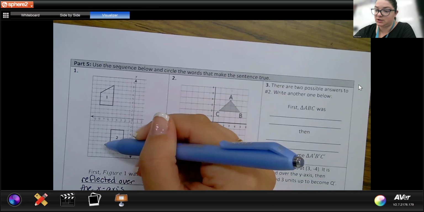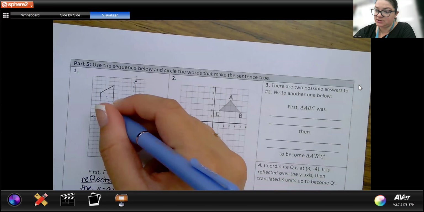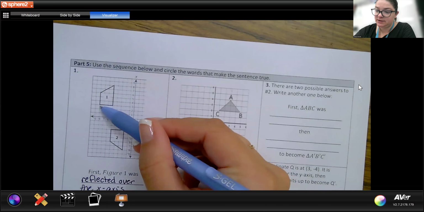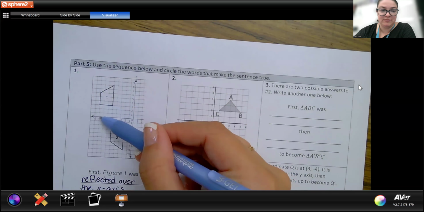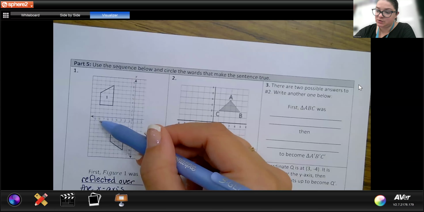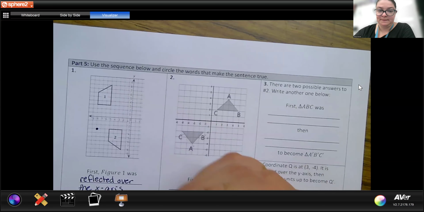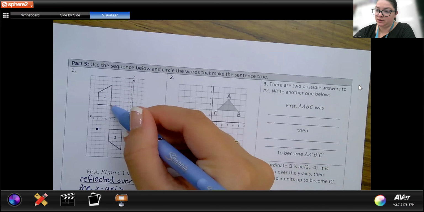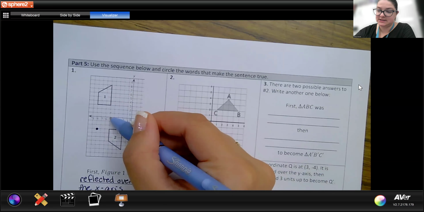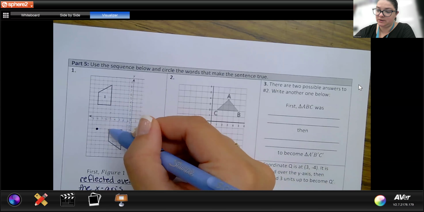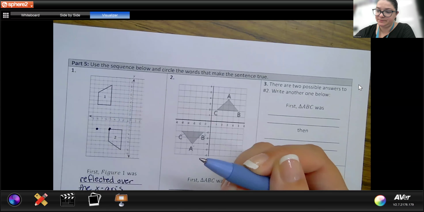draw this reflection. So this shape here, this point is 1, 2, 3 away from the x-axis, so it is 1, 2, 3 away from the x-axis over here. This point is also 1, 2, 3 away from the x-axis, so it's 1, 2, 3 away over here.